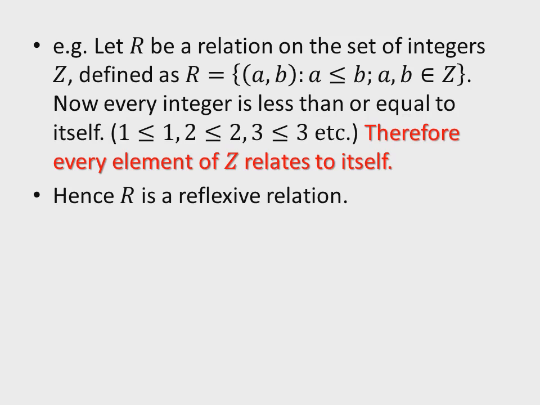We can see that every integer is less than or equal to itself. The equality exists. Just like 1 is less than or equal to 1, 2 is less than or equal to 2, etc. Therefore, every element of Z relates to itself. Hence, R is a reflexive relation. In this particular relation, we see that it is reflexive.